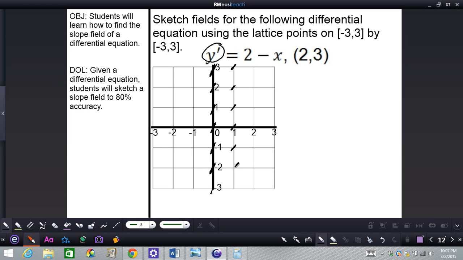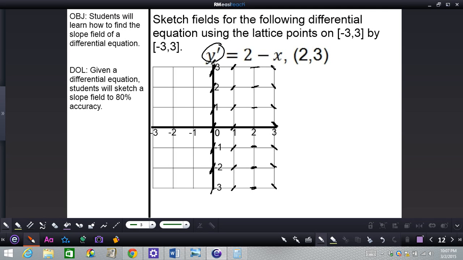That's a horizontal line. And then 2 minus 3 is negative 1. And again, I'm going all the way down because there's no y values involved, so I know it's the same subtraction each time. All right, over here, 2 minus negative 1 is positive 3.